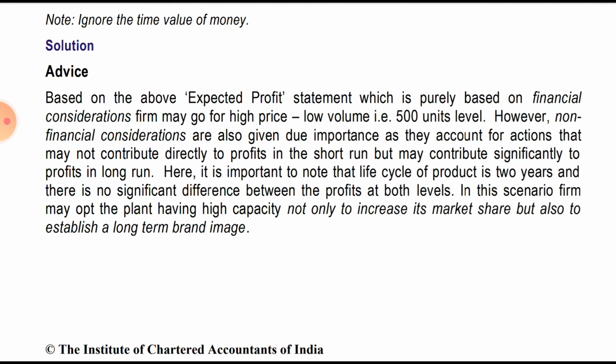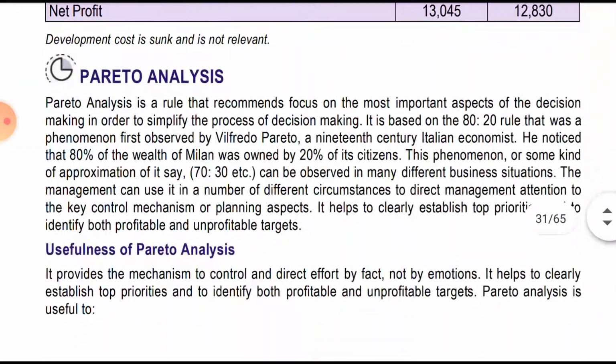So from the non-financial angle, the firm may opt for the highest capacity, not only to increase its market share, because if we are selling 500 units instead of 250 units, that means 250 new customers, which increases the market share, but also to establish the long-term brand image. Selling to more customers will create that image in the market. So we are done with this.